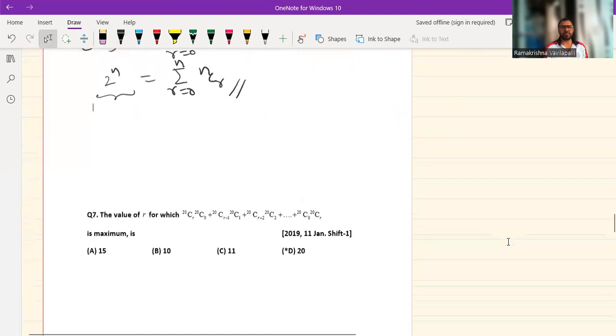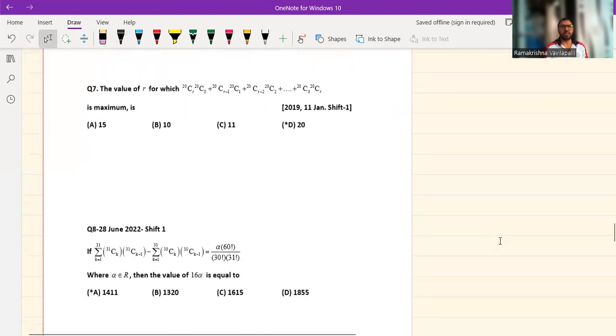Moving to next question. Here you see the value of r for which 20Cr into 20C0 plus 20C(r-1) into 20C1 and so on. The sum of these two is r, the sum of these two is also r, and at last the sum of these two is also r.